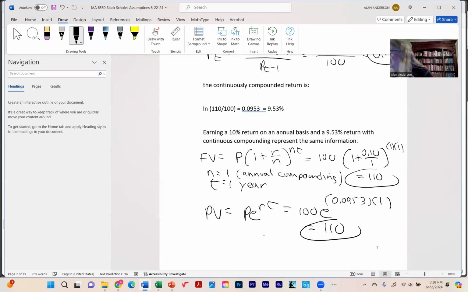It's 110. It's only off by rounding. In other words, that 0.0953 is not exactly correct, but you're getting the same future value.